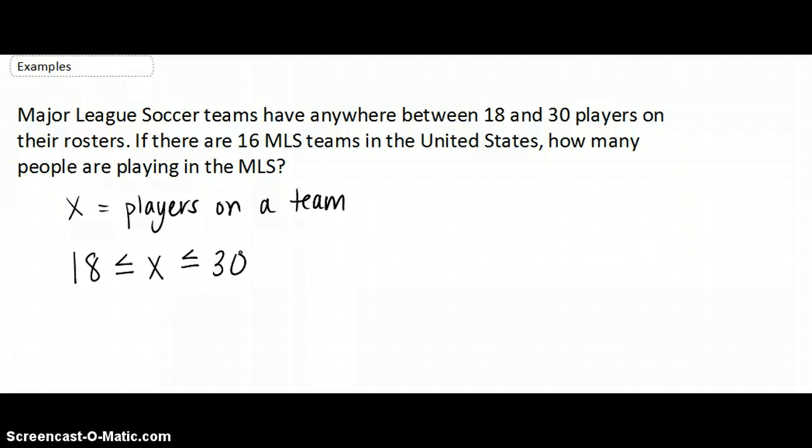So what we know is that there are 16 Major League Soccer teams that are playing currently in the United States, and we want to know how many men in the US are playing in the Major League Soccer. So if x is the number of players on a team, we know that x is between 18 and 30. We know that there are 16 teams in the league. So I'm going to multiply the 18, the 30, and the x by 16.